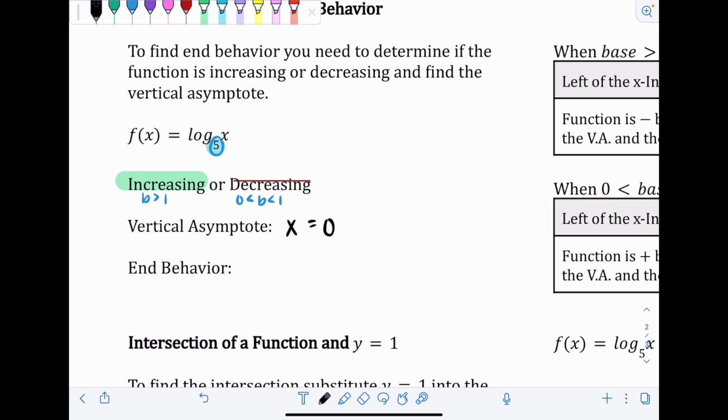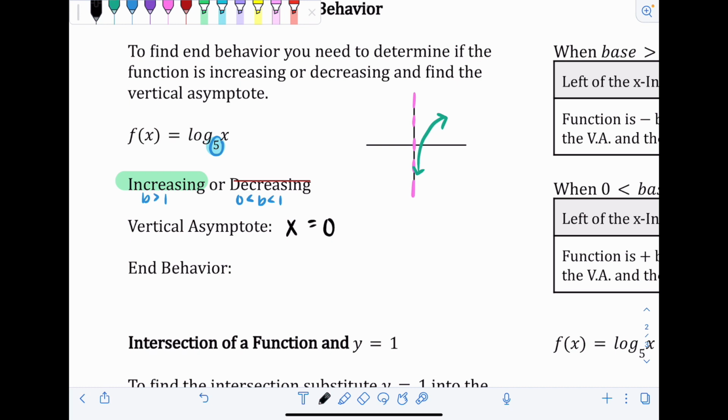So I'm just going to draw a little sketch, and this could look not much like what our actual log looks like, but can still help us figure out the end behavior. So we know that there's a vertical asymptote at x equals 0, and we know that the log is increasing. So if it's increasing, it's going up and to the right. And that little sketch is really all you need to be able to state end behavior.